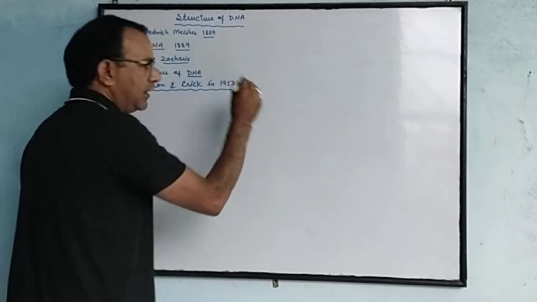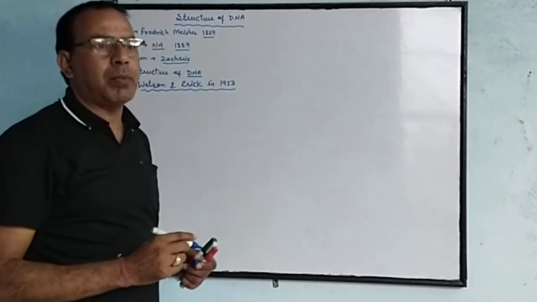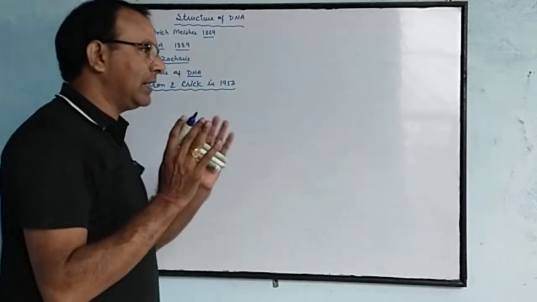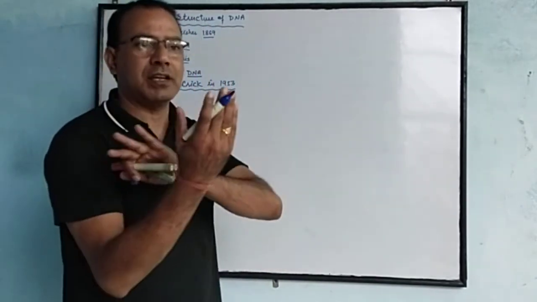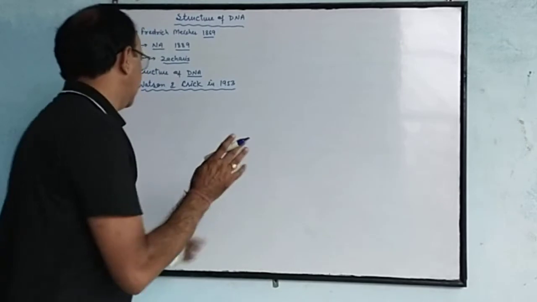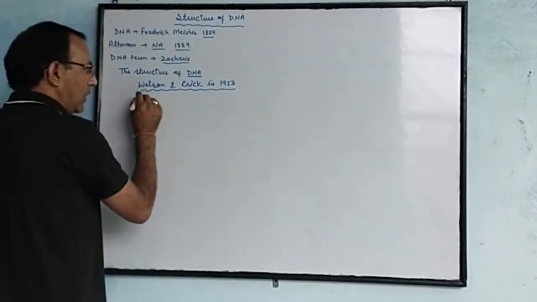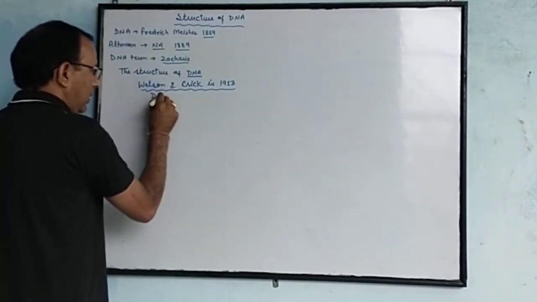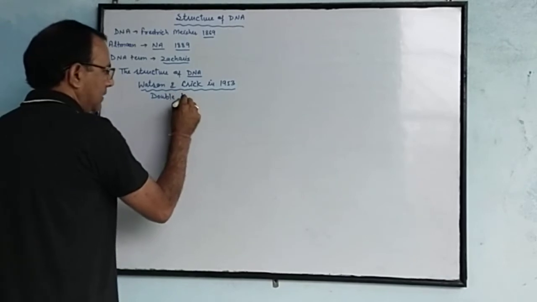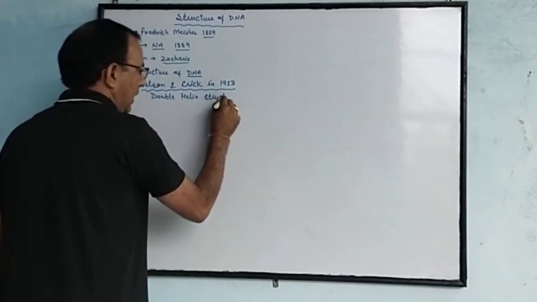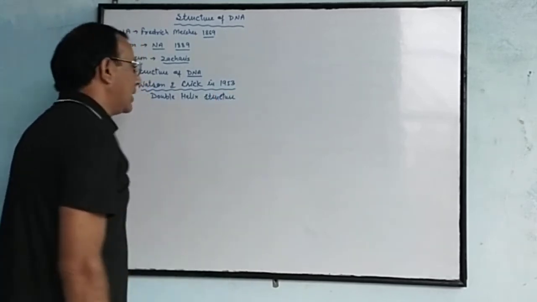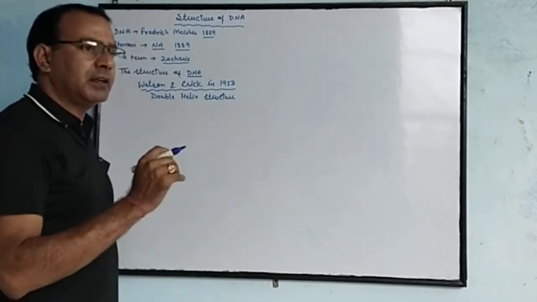They proposed that DNA is present in a double helix structure. Double helix means like a spiral stair, or spiral railing. The double helix model was proposed by Watson and Crick in 1953.